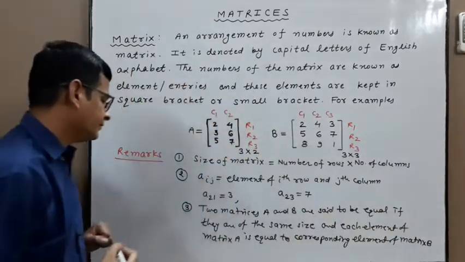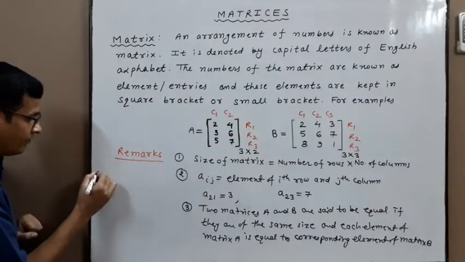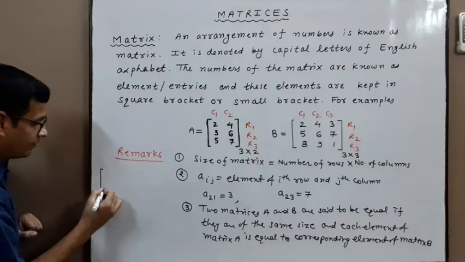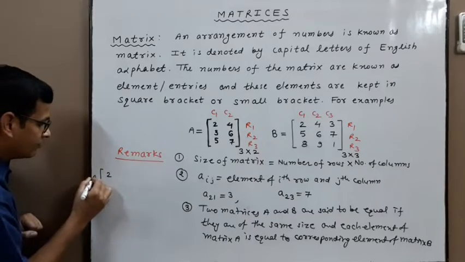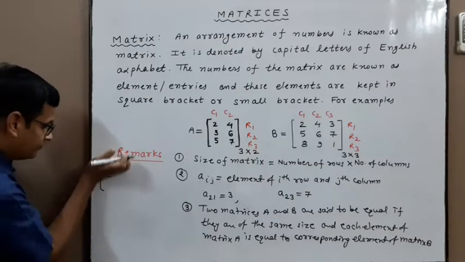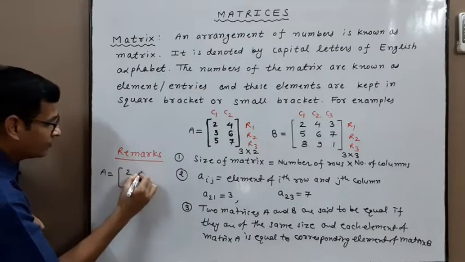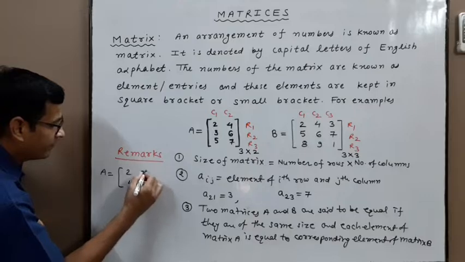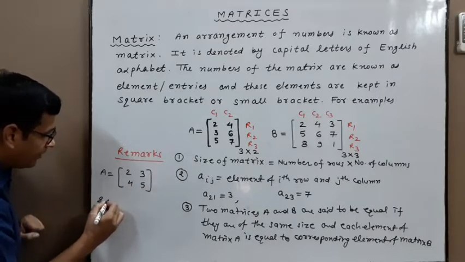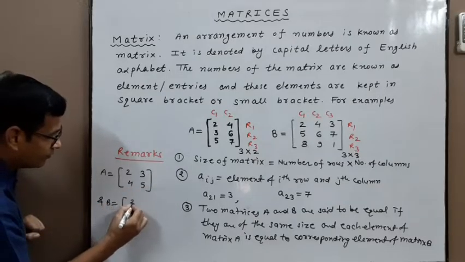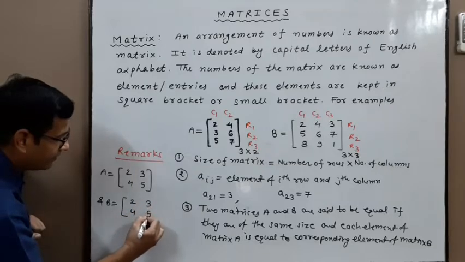For example, A equal to 2, 3, 4, 5 and B is equal to 2, 4, 3 and 5.